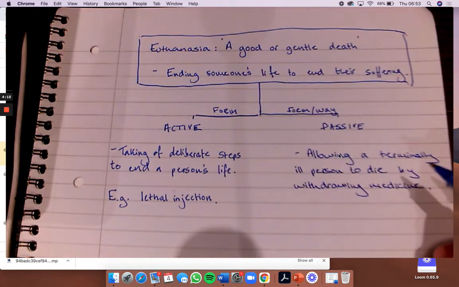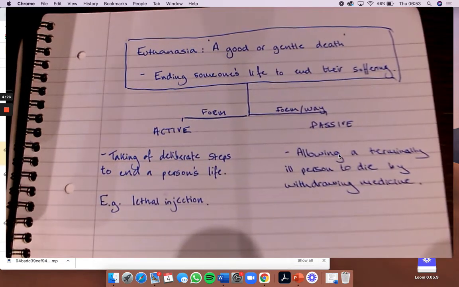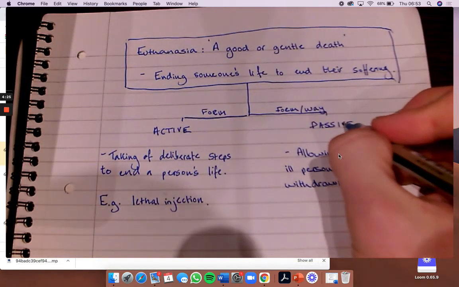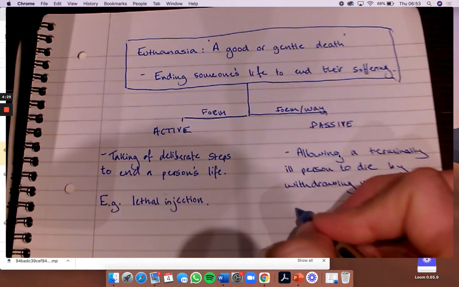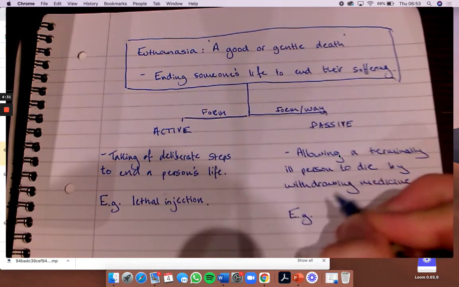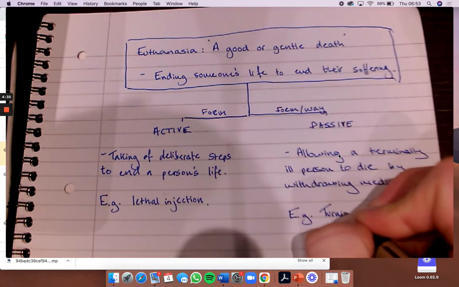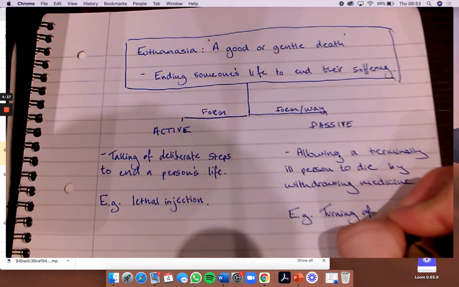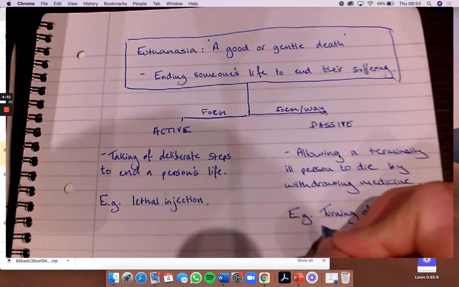Can you think of an example of passive euthanasia? Brilliant. A good example would be turning off a life support machine.